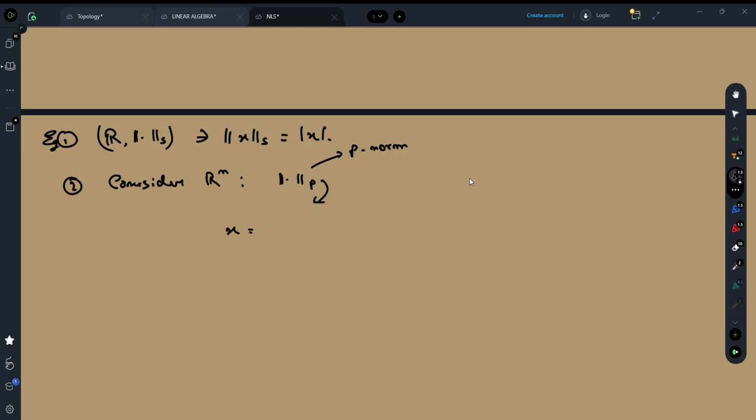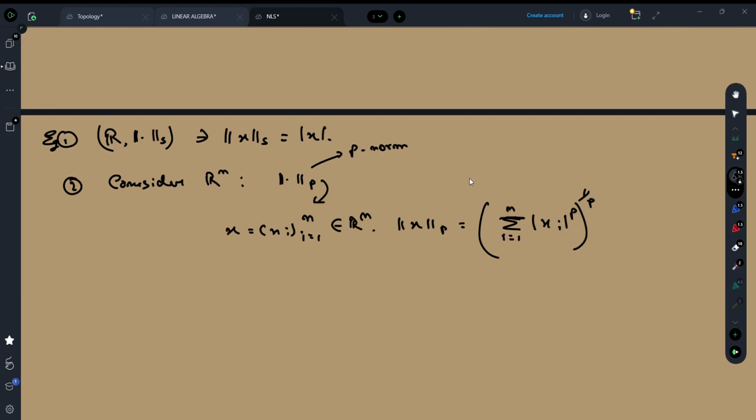Let x be equal to the n-tuple xi, an element from Rn. Then we define the P norm of x to be the summation over i ranging from 1 to n of mod of xi to the power p, and this whole sum to the power 1 over p. This is the definition of the P norm.